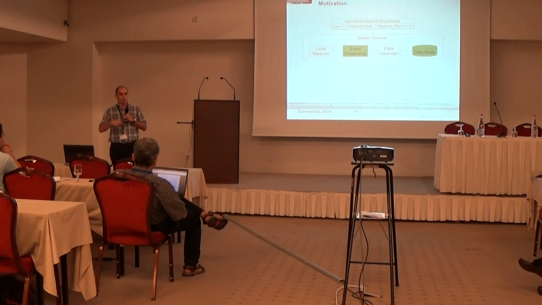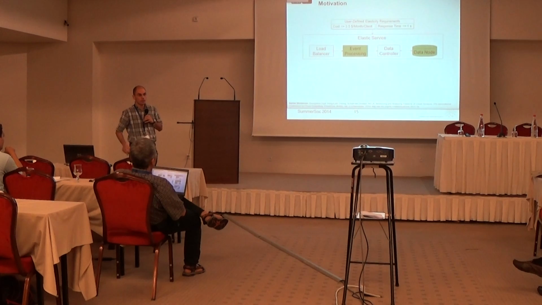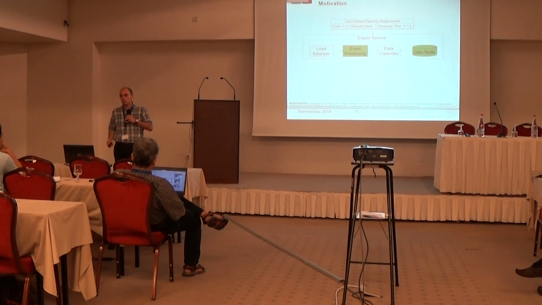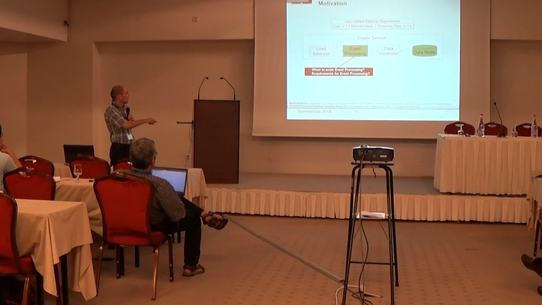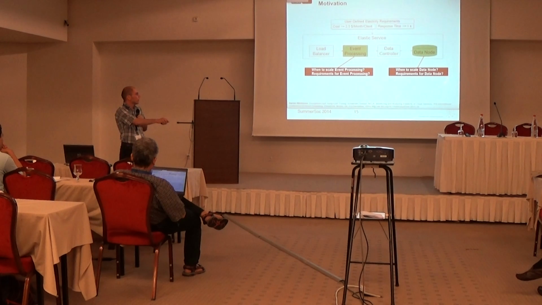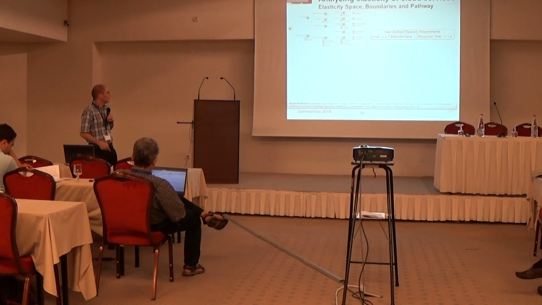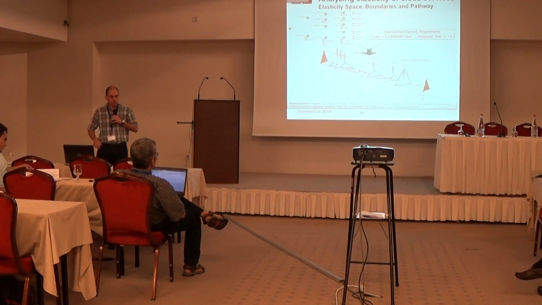It's someone that wants to expose his service, and one client should pay like this. So he wants to also make a profit. The problem is when to scale event processing, what would be exact requirements, and when to scale the data. This is an issue for which we introduced the concept of elasticity space.